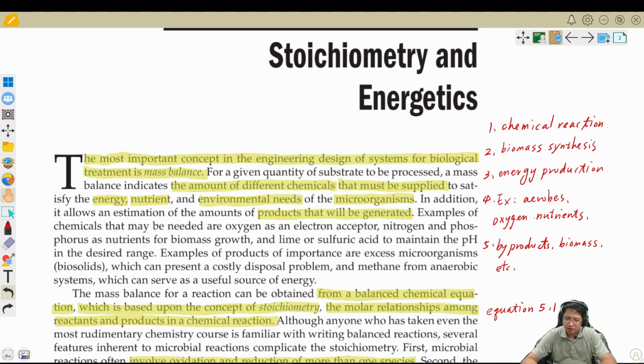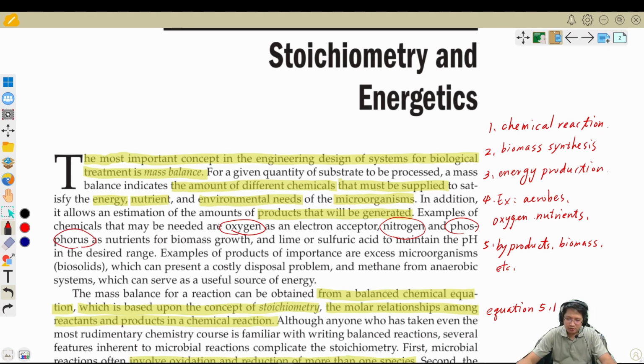For example, here we are talking about one kind of bacteria that we call aerobes. It requires energy coming from oxygen as an electron acceptor and from organic carbon as the electron donor, combined together to produce energy, and also nitrogen and phosphate as nutrients for biomass growth.